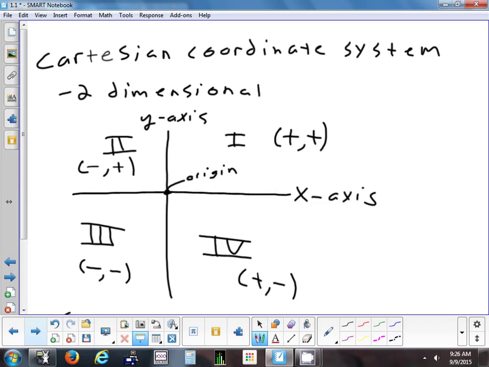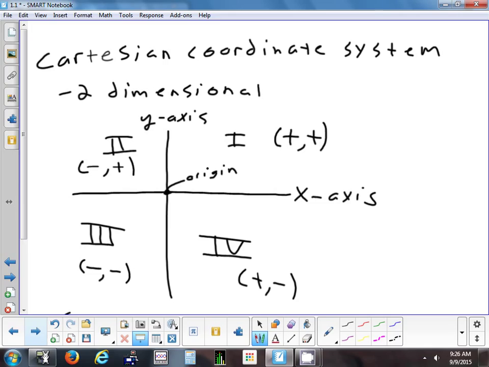Where the axes cross, that's our origin. Those axes divide the coordinate plane into 4 regions. I've numbered them with Roman numerals, region 1, 2, 3, and 4. Does anybody know what we call those regions? Yep, quadrants.